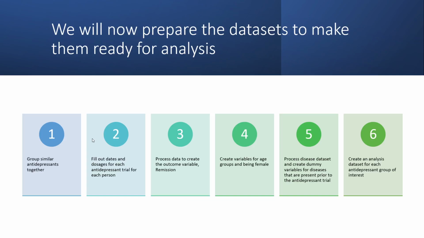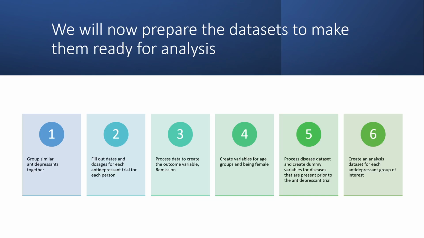Okay, now that you have done your data import, we will now prepare our datasets to make them ready for analysis. Our first step is to group similar antidepressants together. We will also fill out the dates and dosages for each antidepressant trial of the persons we are processing in our cohort. We will process the data to create the outcome variable that we want to measure, which is remission.